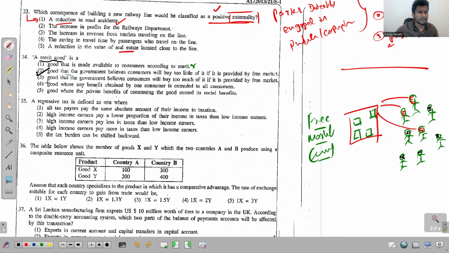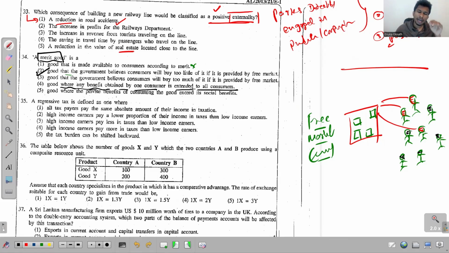So the fourth one, a merit good is a good where any benefit obtained by one consumer is extended to all consumers. It's the same as the railway case. We said that if it's a merit good, there must be positive externalities in consumption. So you may think right now this is referring to those positive externalities.